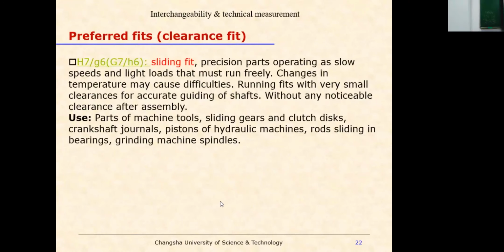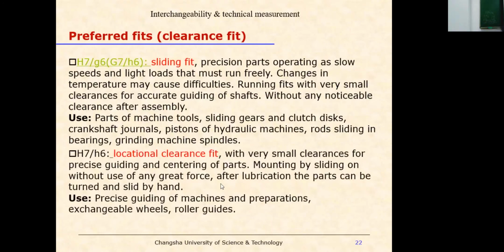Parts of machine tools, sliding gears and clutch discs, crankshafts, rollers, pistons of hydraulic machines, rods, slides in bearings, grinding machine spindles. So this is also used for higher position accuracy, with rotation and sliding, not a low speed. It's a slide speed, a low speed. The H7 to H6.